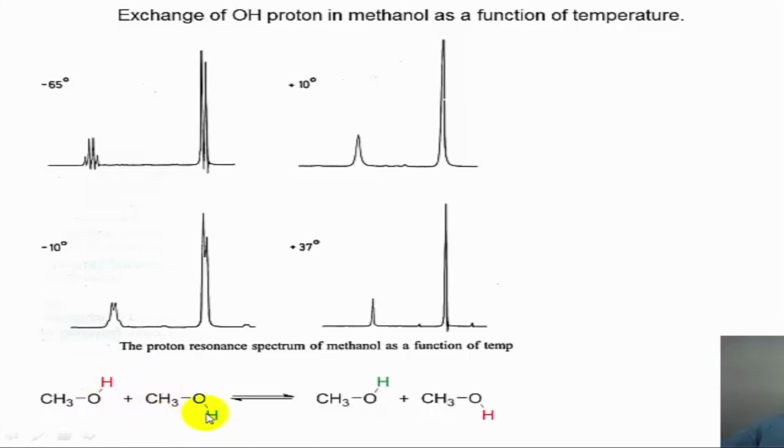Just to distinguish the 2 types of hydrogen, one is given in a green color, the other one in red. You can see here this green hydrogen has migrated to where it was originally the red one, and the red one has come to this particular molecule. So, there is a mutual exchange of hydrogen among the methyl alcohol molecules, and because of this mutual exchange, the chemical environment of the hydrogen is very poorly defined.